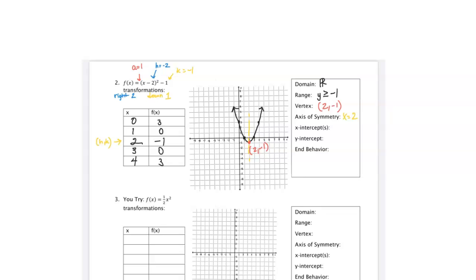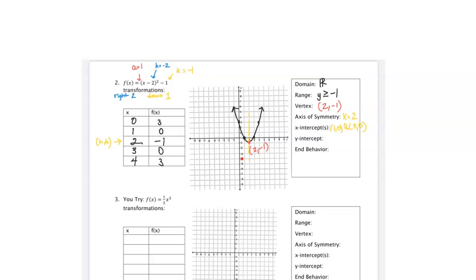Your x-intercepts and y-intercepts, those are two that we haven't talked about yet. But the x-intercept is just where your parabola is crossing over the x-axis. And here it's crossing over at 1 and 3. So we'll put the point 1, 0 and the point 3, 0.